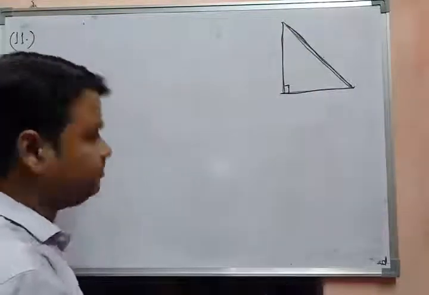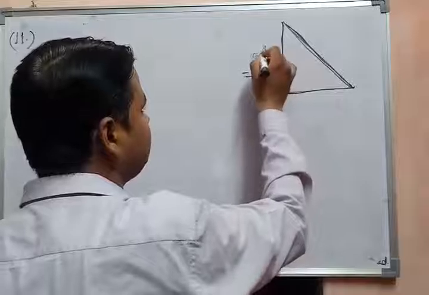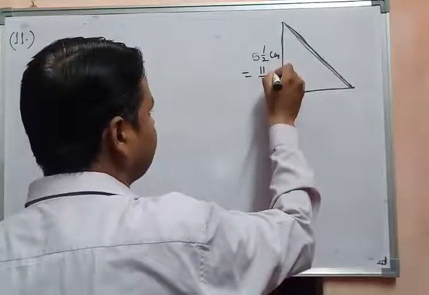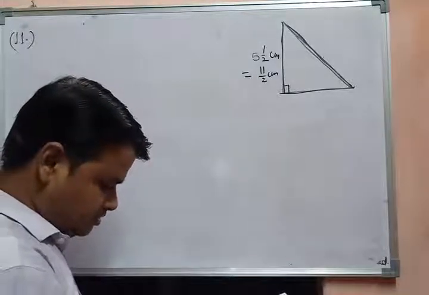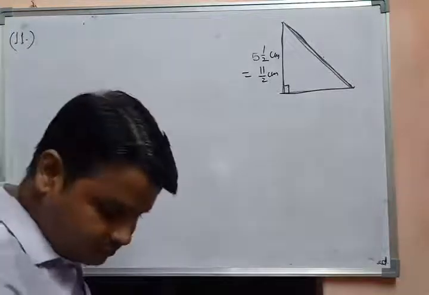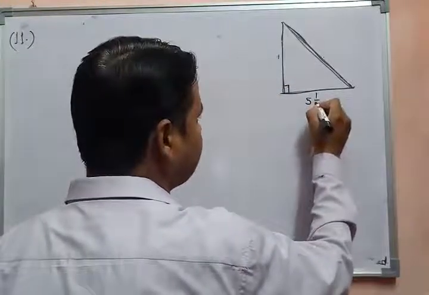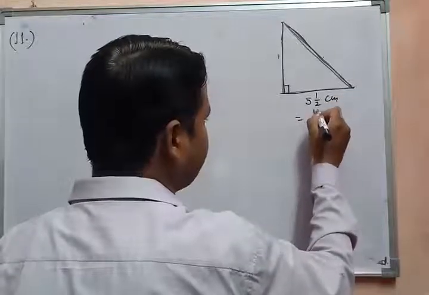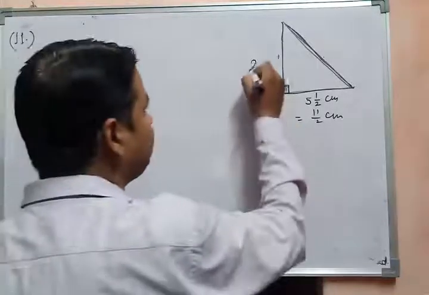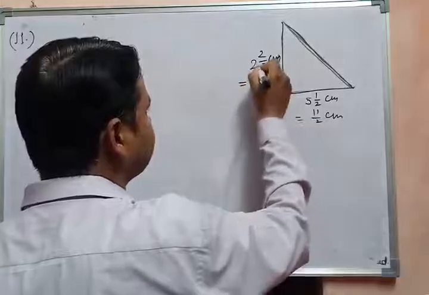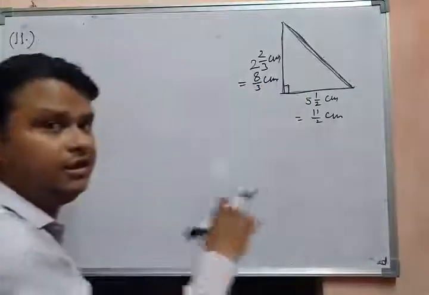Here the base of the triangle is given as 5 1/2 cm, that is 11/2 cm, and the altitude is 2 2/3 cm, that is 8/3, and you have to find the area.